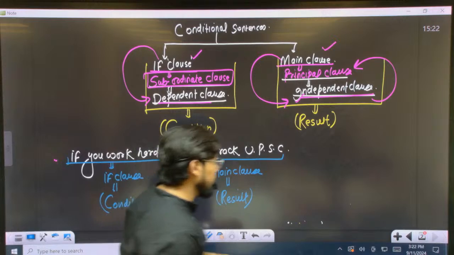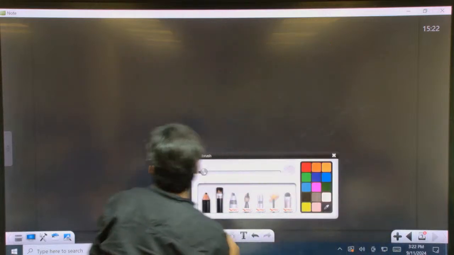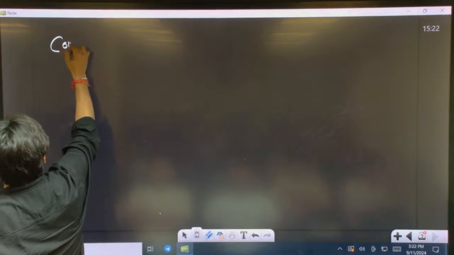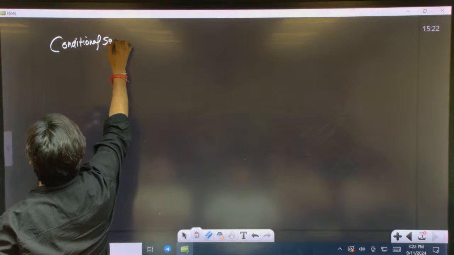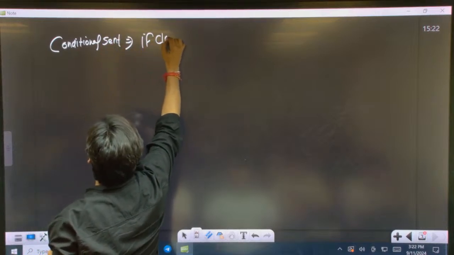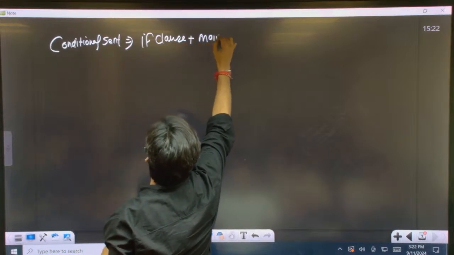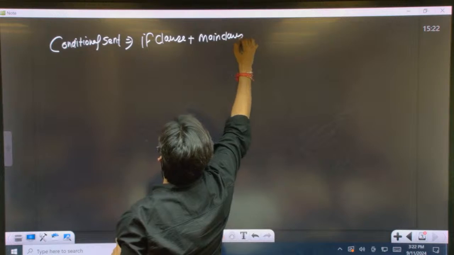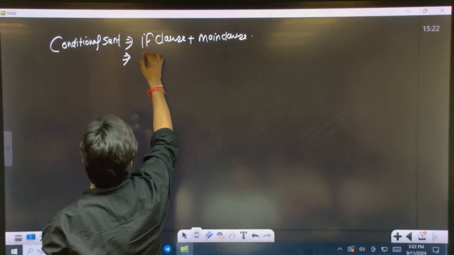Now you will come to this point of view. If we want to make any conditional sentence, you need an if clause, plus we need a main clause. Okay, can I make the sentence like this?